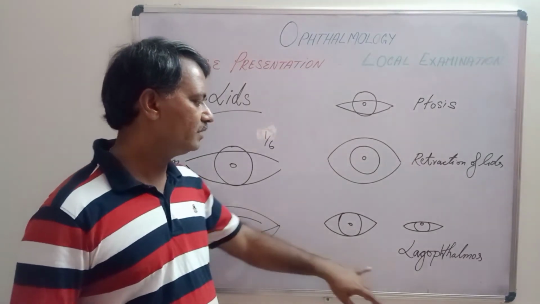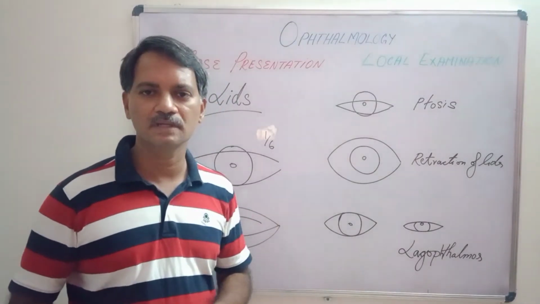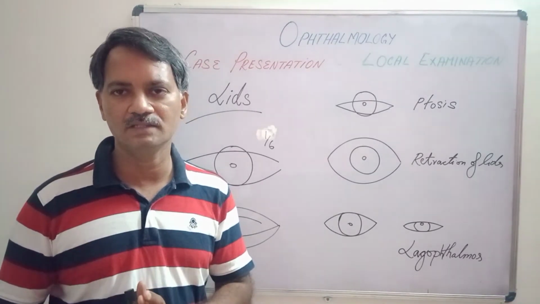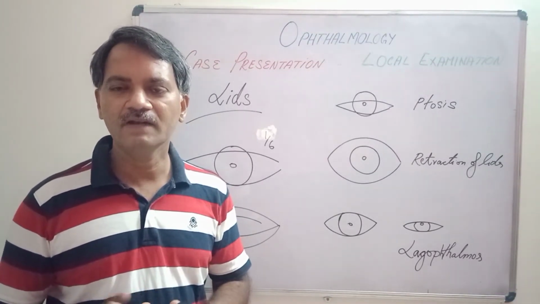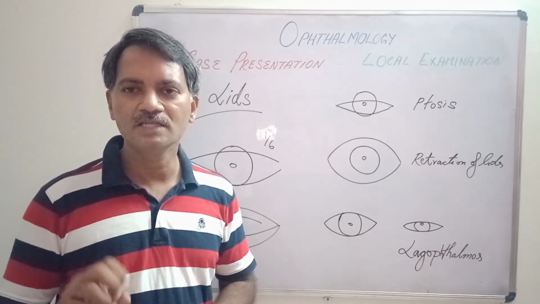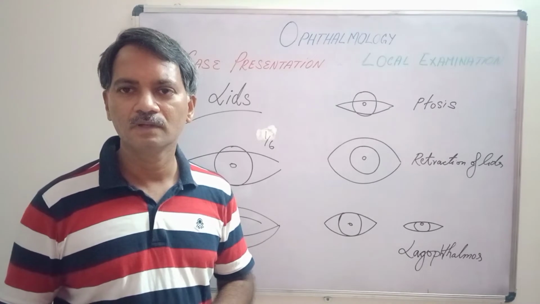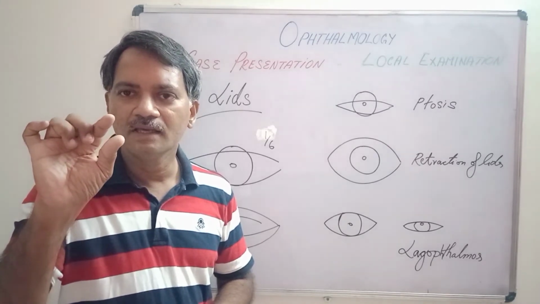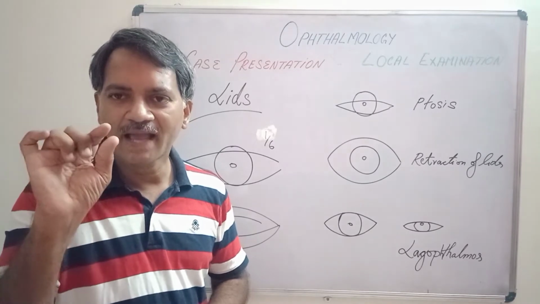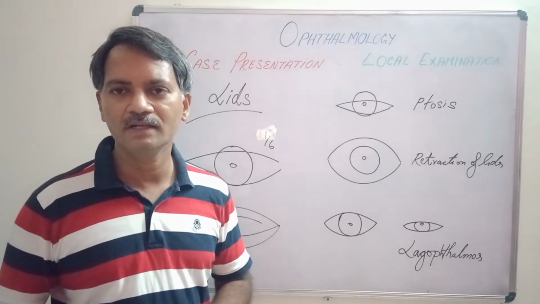Next, what we are going to see is the lag of ophthalmos. Lag of ophthalmos is incomplete closure of the lids. Even when the patient tries to close the eyelids fully, he is not able to do. Some portion of the eye is open. There is some gap between the upper and lower eyelid.